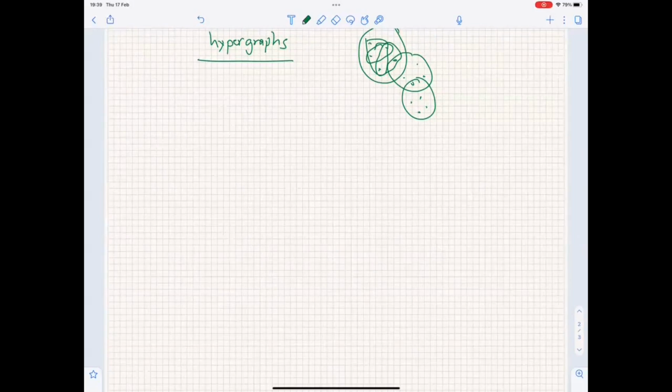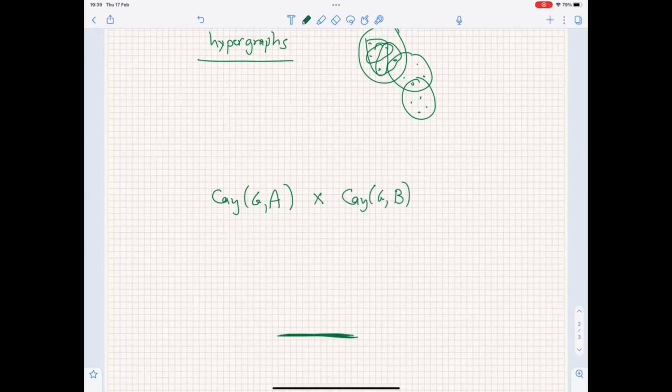The way you can view this square complex is you take the Cayley graph of G and A, and take the Cartesian product, just a graph product, with the Cayley graph of G and B. So you put one Cayley graph on the horizontal axis, and one on the vertical axis. Then the edges here are the edges of this graph, and the edges here are the edges of that graph. And then you naturally have these squares.